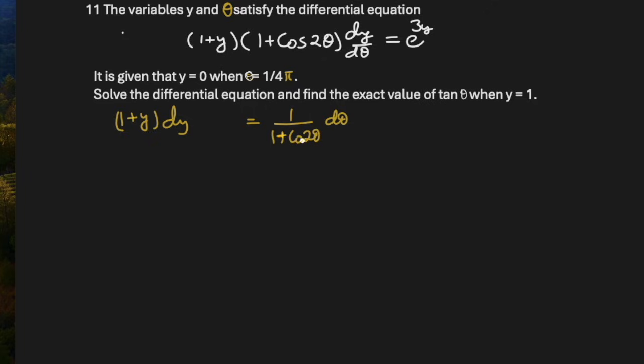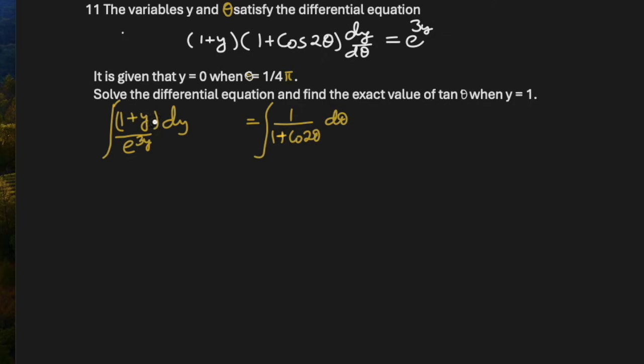Okay, so theta is with theta now, and this e to power 3y, this y should be with dy here. So e to power 3y will be with dy, and this is what our two different parts are, and we will integrate them with respect to their respective variables.